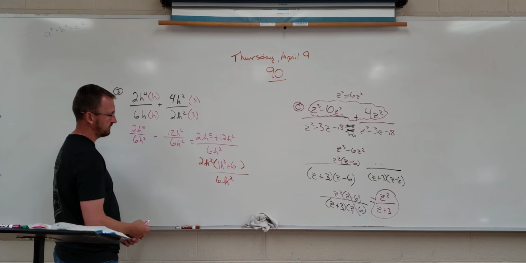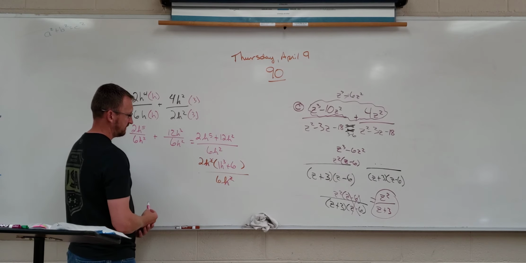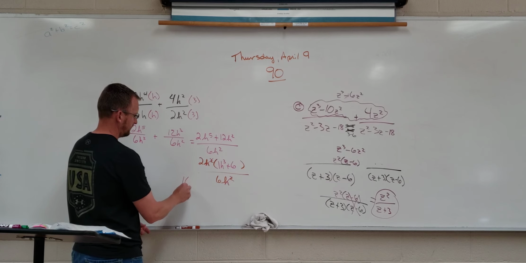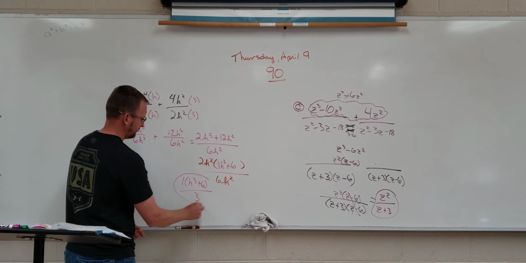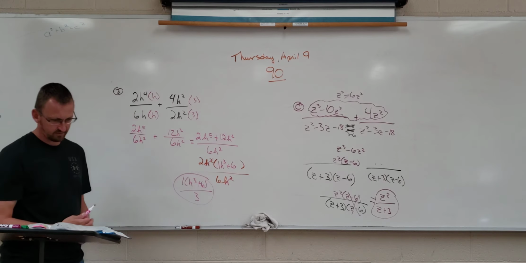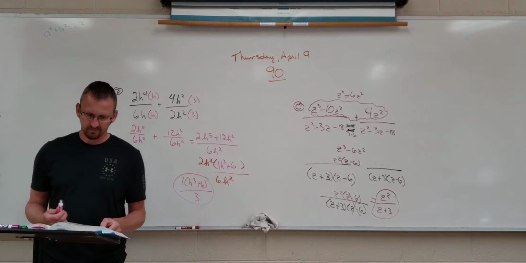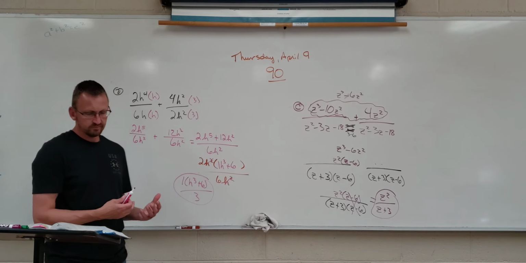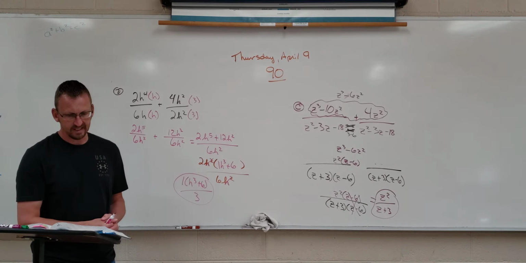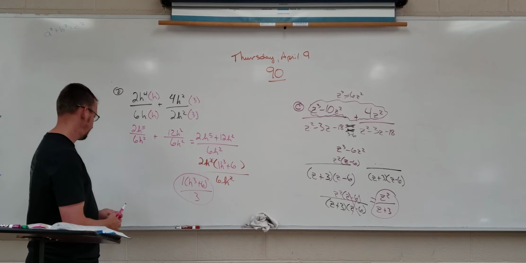Our h squared is canceled. 2 divided by 6 gives me 1/3, so I have 1 times h cubed plus 6 over 3. That gets us our answer. So for example 2, got to find a common denominator and then add and subtract.